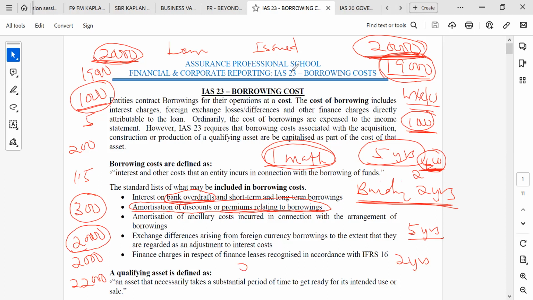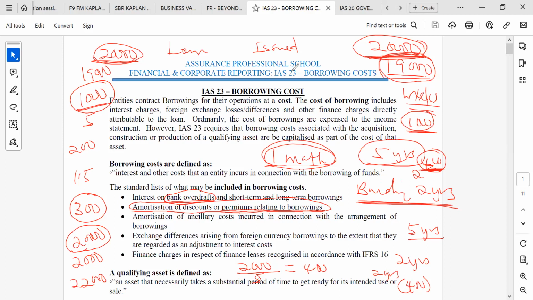But the 2,000, which is an income to us, we are going to amortize it over the loan period, and every year we will take that one as a deduction. So every year we'll be charging 400. So if the asset will take 2 years, it means that every year we subtract 400 from the initial cost of the asset, because the premium is an income to us. So we subtract from the cost.